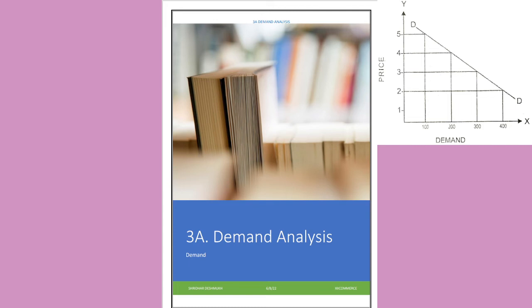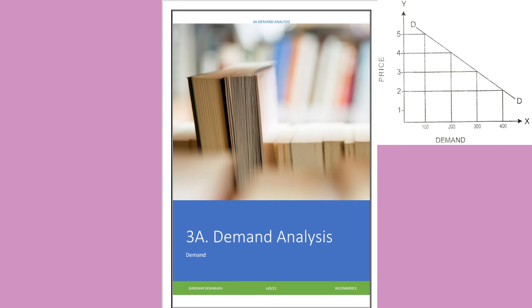Then we start one of the famous concepts of this lesson, the law of demand and its assumptions, exceptions, statement, basis. Then determinants of demand: there are a number of things which make a direct or indirect impact on the quantity demanded of a commodity.